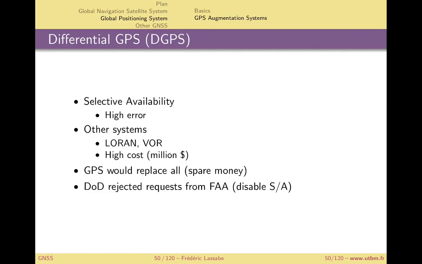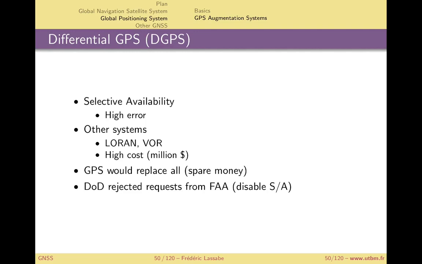So to cope with this selective availability, which provides a high error when you are dealing with precise applications such as routing, finding a waypoint, a point of interest, and so on. And other systems are very expensive.